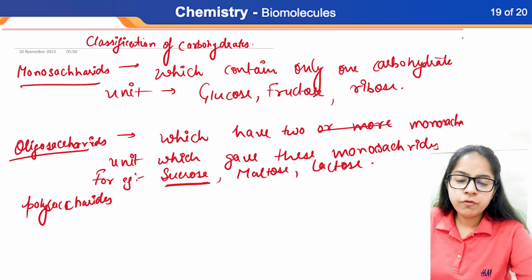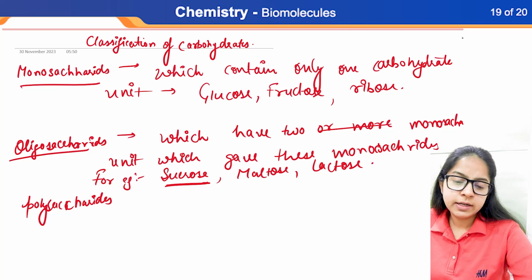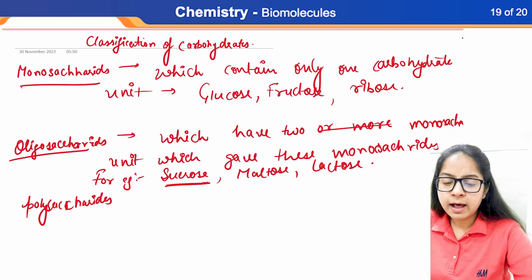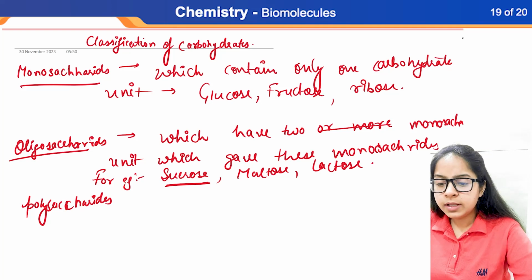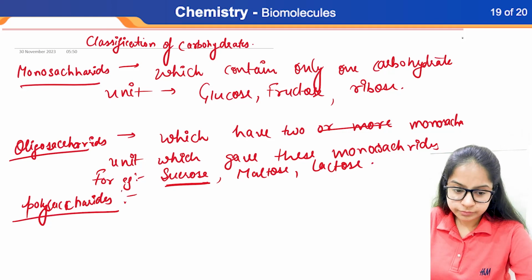Sucrose is made up of alpha D plus glucose and beta D minus fructose. Maltose is 2 units of alpha D plus glucose. Lactose is galactose and glucose. After that, what is polysaccharide?